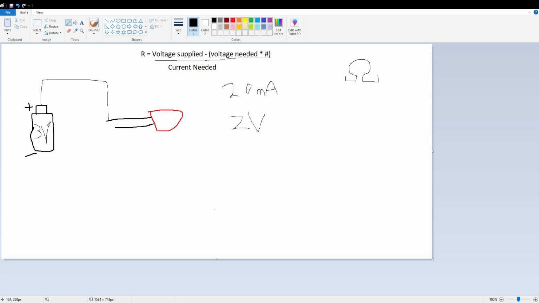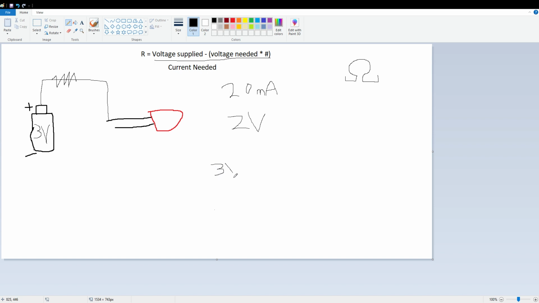If I have a battery here that's 3 volts, I connect the positive terminal to the longer leg of the LED, because that's the positive LED leg, and for an LED, the current can only flow through it one way. And if I'm going to put a resistor here, which is denoted like this, that's going to be this R. The voltage supplied is going to be this, the 3 volts.